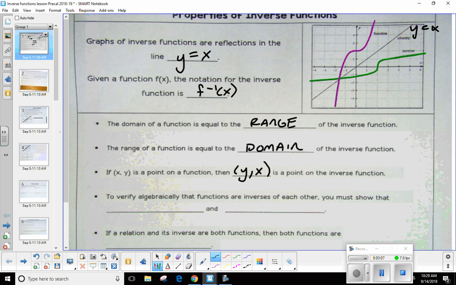Now, to verify algebraically that functions are inverses of each other, you must show that. Does anybody remember this from Algebra 2? And it's why we did the previous lesson. Satish?